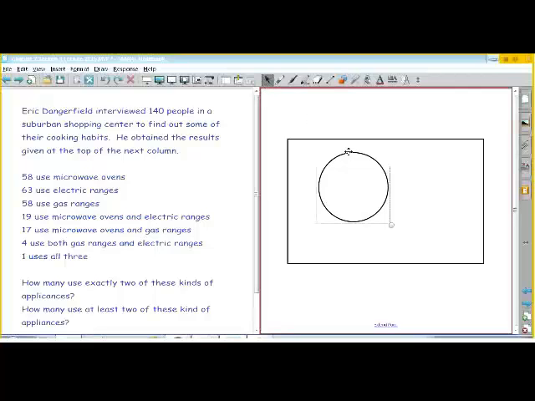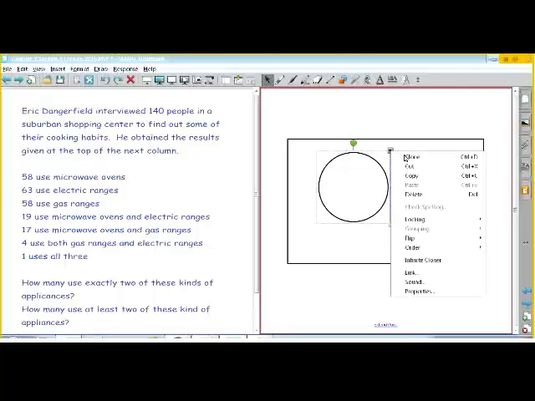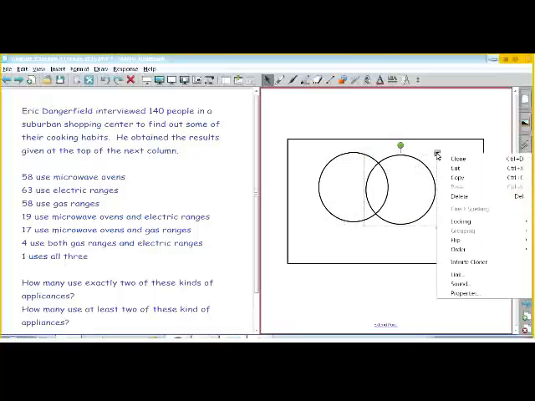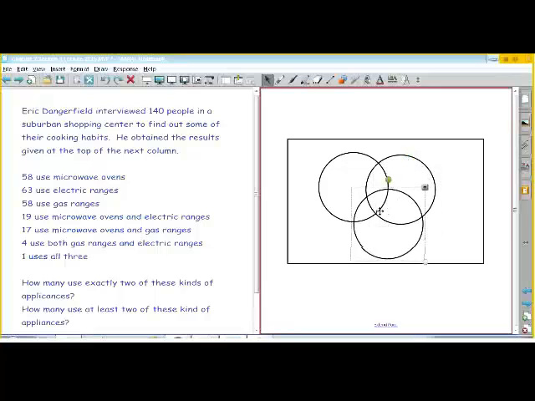So we draw 3 circles, just so they overlap. Okay, and we'll use a letter to represent each set. We'll use M for microwaves, G for gas, and E for electric.